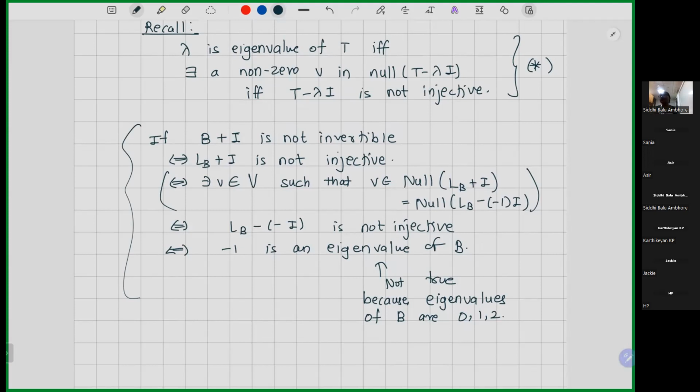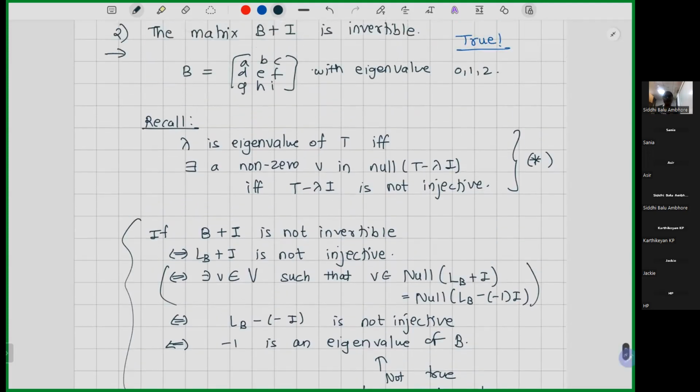B could be in any form with eigenvalues 0, 1, 2. It need not be diagonal form or upper triangular, lower triangular, or block matrix and so on. It is just any given matrix with eigenvalues 0, 1, 2. And this statement holds in general. So that's why B plus I is invertible.